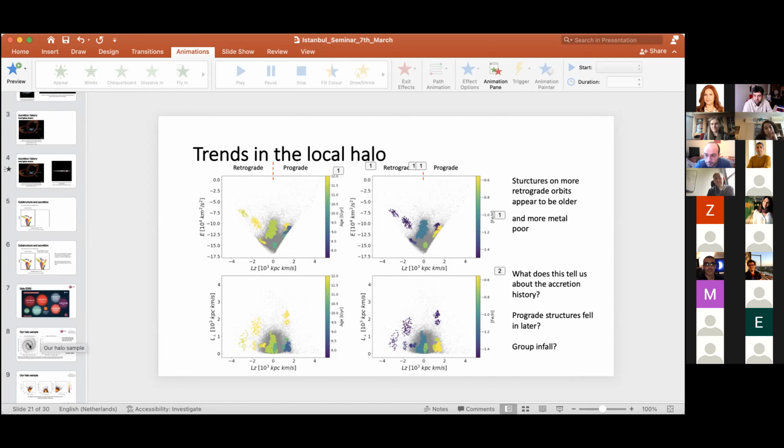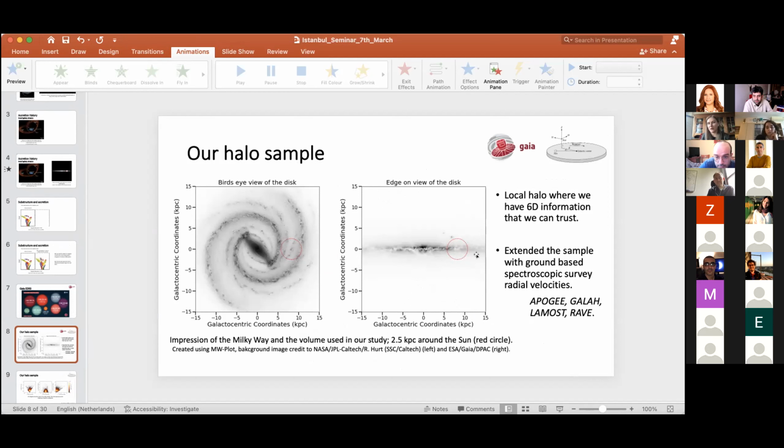So I guess there will be mergers that maybe have happened that won't enter this volume, and then we can't say anything about them. So there's one called Kraken that has been found and that populates the very inner galaxy that we can't find because of our volume.